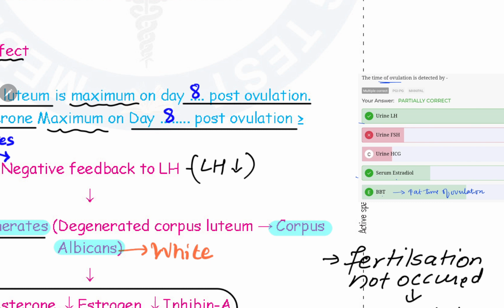Estradiol is required at least 200 picogram per ml for at least 48 hours for the LH surge to occur. And then the LH peak is 75 nanogram per ml. Now one thing is BBT. BBT is basal body temperature, which increases at the time of ovulation.